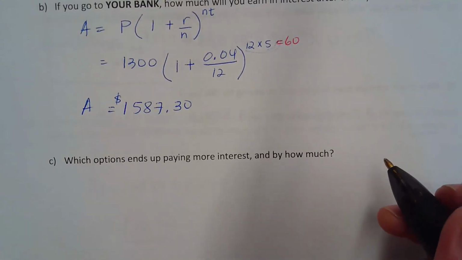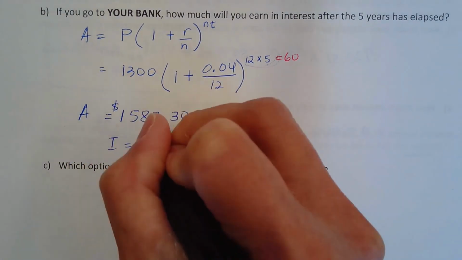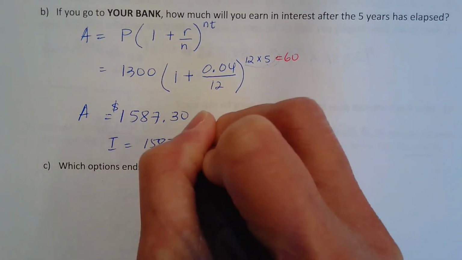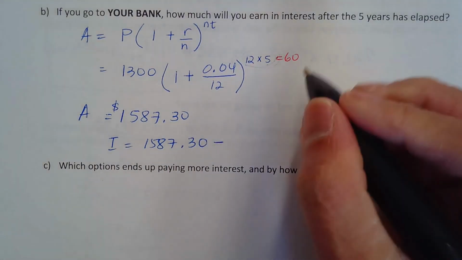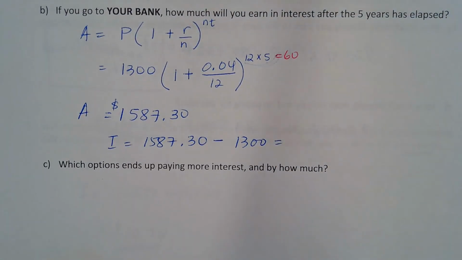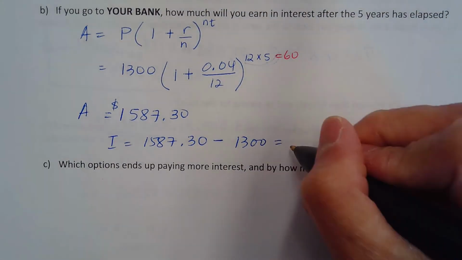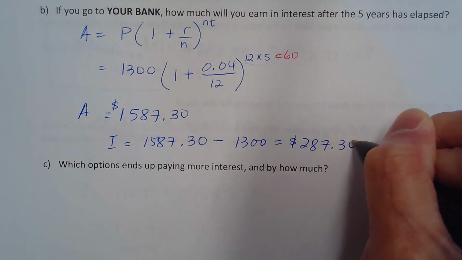So how much is the interest? Interest is equal to 1,587, the total amount, minus your principal, which is 1,300. It's 287.30.